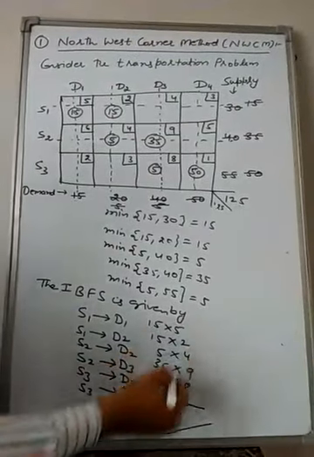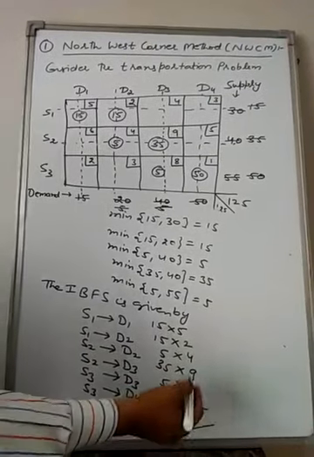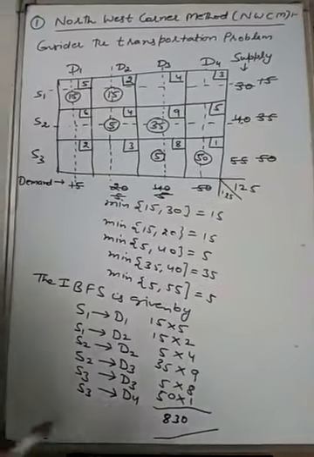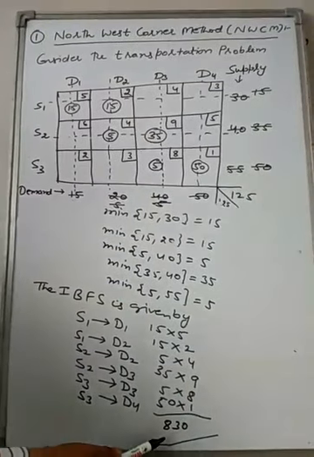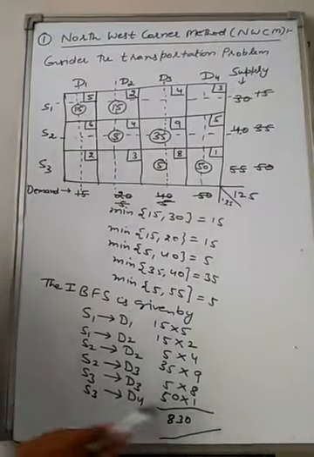After adding this, you will get your answer. After the calculation of this, we will get the initial BFS solution, that is 830.